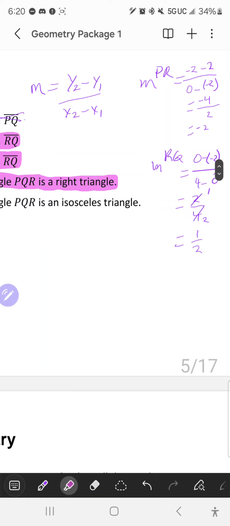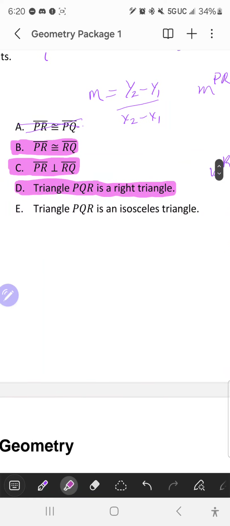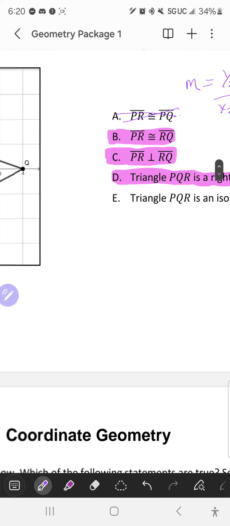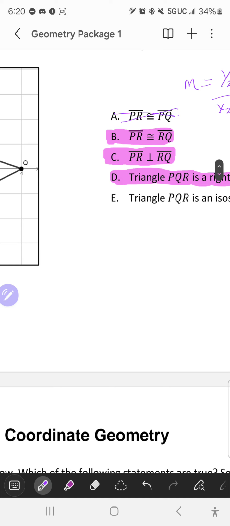Triangle PQR is an isosceles triangle. Now, if you don't know, this is just for you to remember. Your teacher probably taught you this as a reminder: there are three types of triangle. There is the equilateral.